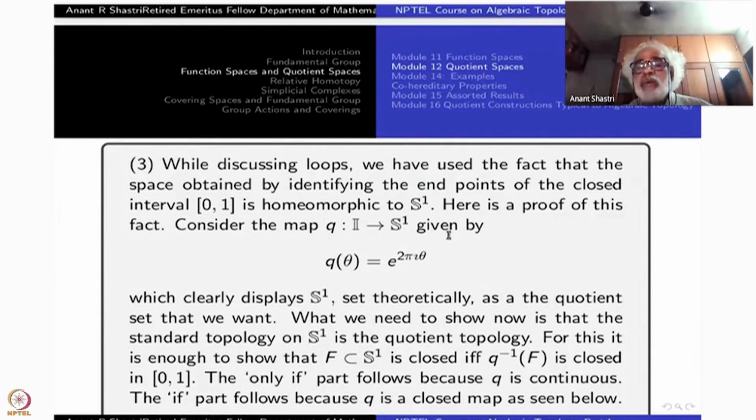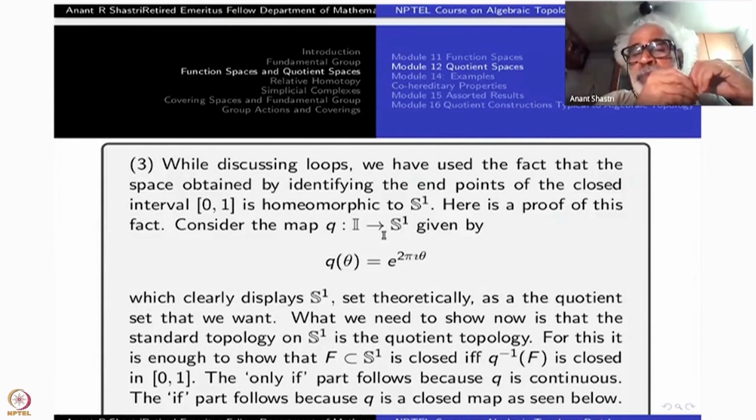Right? Therefore, if you look at the inverse image of a point in S1, only the inverse image of one point contains two distinct points. All other inverse images are singletons. So this is the same thing as saying that the identification set, as a set, is S1. Right? 0 and 1 are in the same equivalence class, and the rest of them are in different equivalence classes.